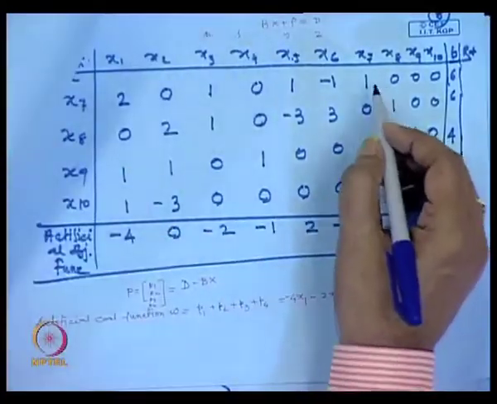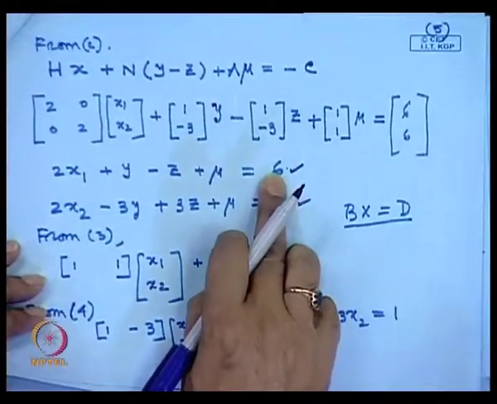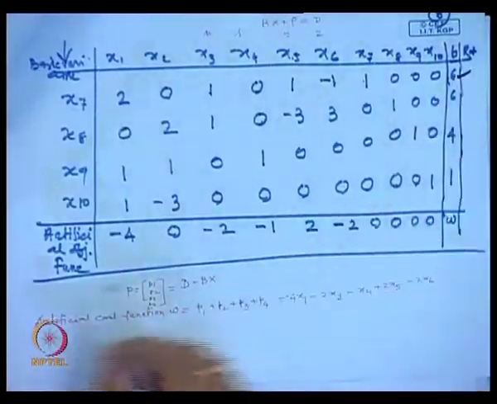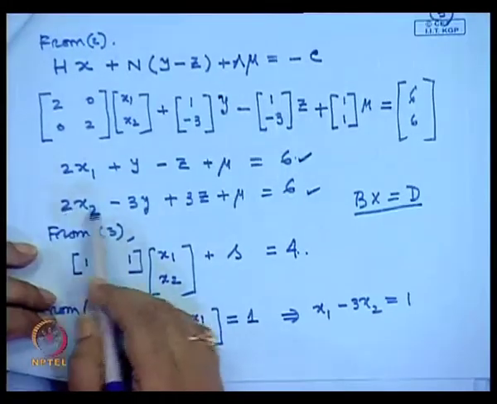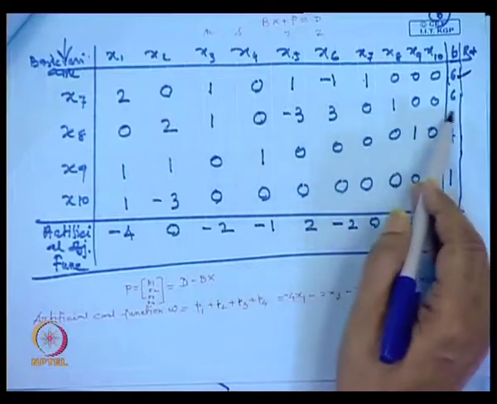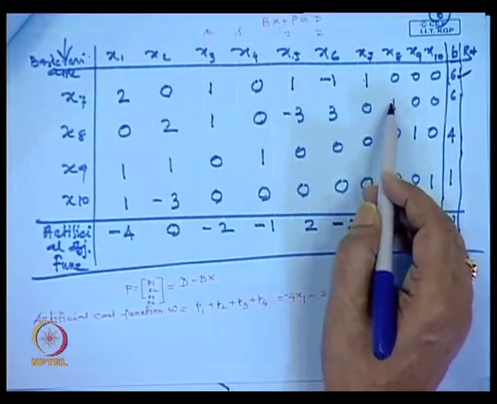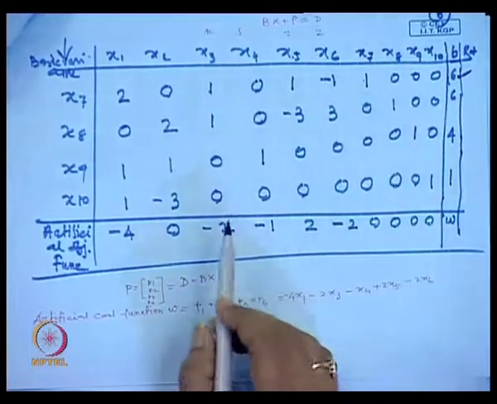So, we have written x7 is 1 and the right side is equal to 6, that is the first equation. Similarly, you can write the second equation, and its artificial variable is x8, with coefficient 1.